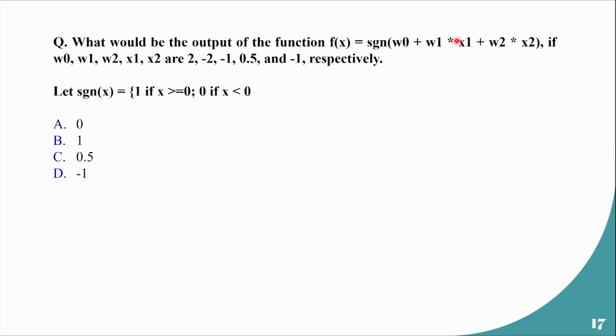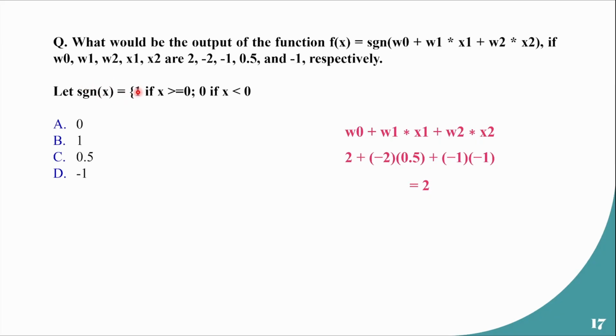So you can calculate. I think I see option B maybe in the chat. In this case, you have to calculate these terms: W0 plus W1 times x1 plus W2 times x2. If you calculate, it ultimately becomes 2. Okay. So now you have the inside value, 2, right? If the condition says that x is greater than or equal to 0, which is this case, then the value of SGN of x will be 1.